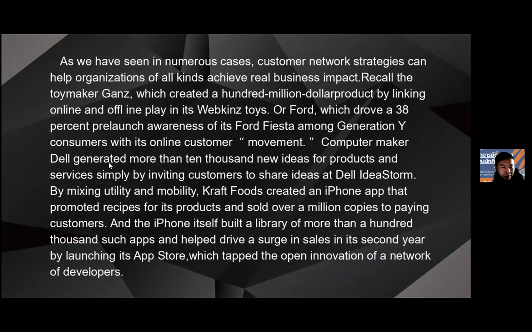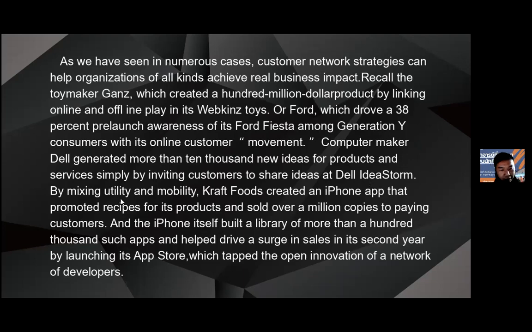Computer maker Dell generated more than 10,000 new ideas for product and service simply by inviting consumers to share ideas at the Dell Ideas Room.